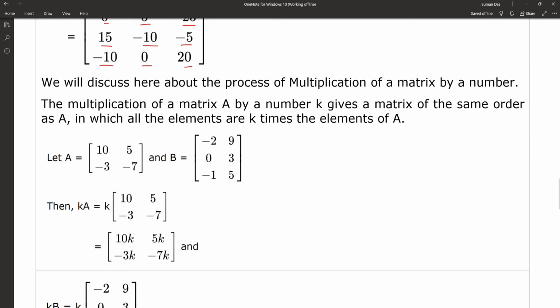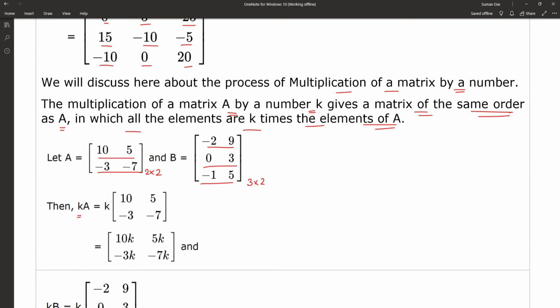Now we will discuss here the process of multiplication of a matrix by a number, and that is scalar multiplication. The multiplication of a matrix A by a number k gives a matrix of the same order, as we have already said, in which all the elements are k times the elements of A. Let, once again, A is equal to [10 5; -3 -7], that is 2 cross 2, and B is equal to [-2 9; 0 3; -1 5], that means 3 cross 2.